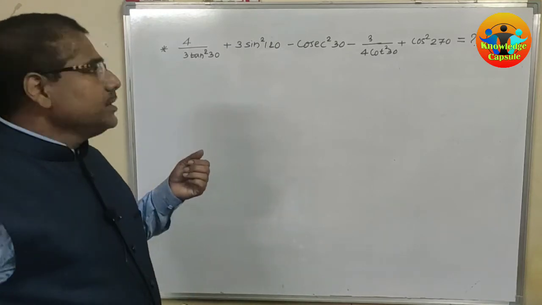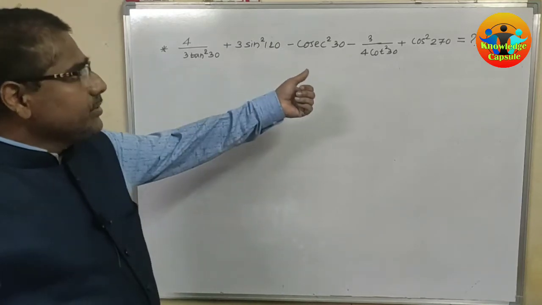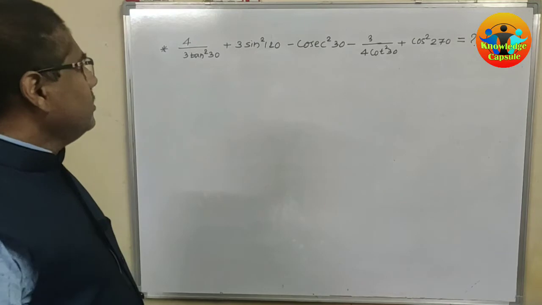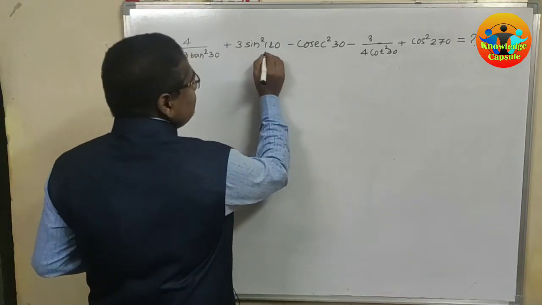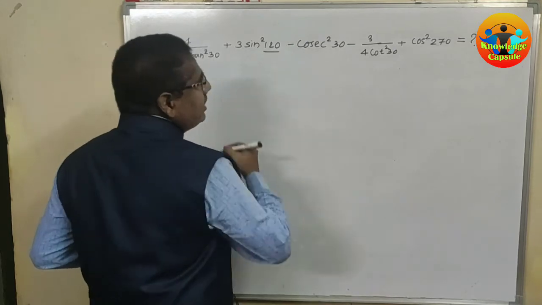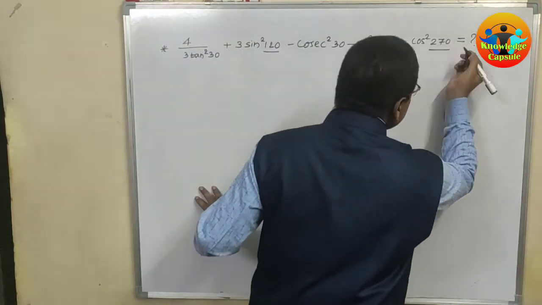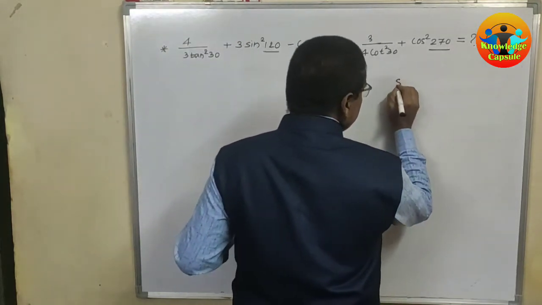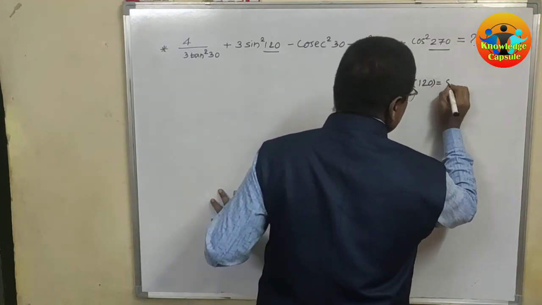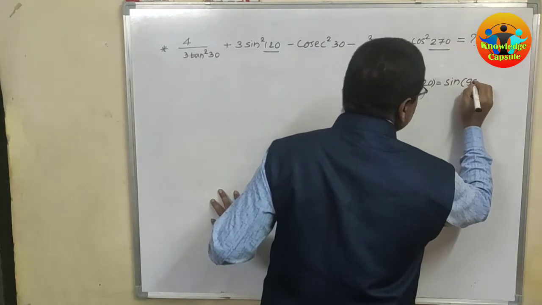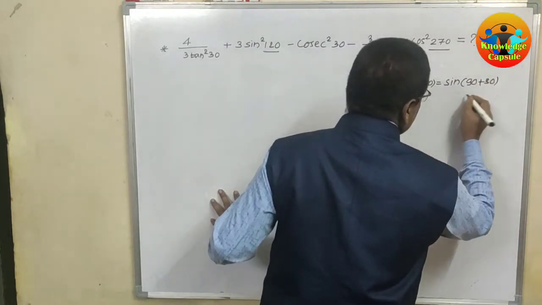Next problem is find the value of this expression without using calculator. To find the value of this expression without using calculator, let us find sin 120 and cos 270 first. Sin 120 can be written as sin 90 plus 30.